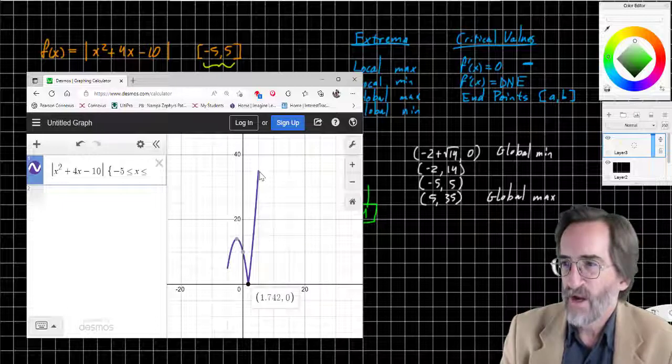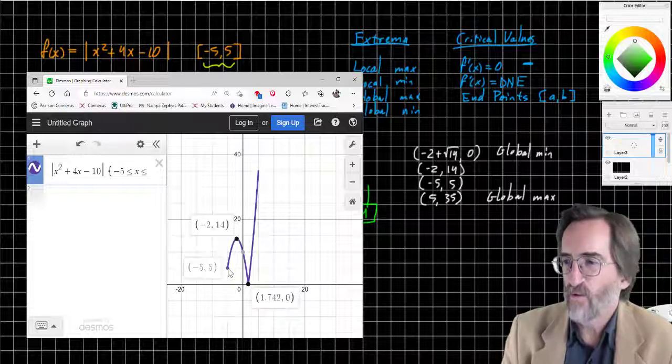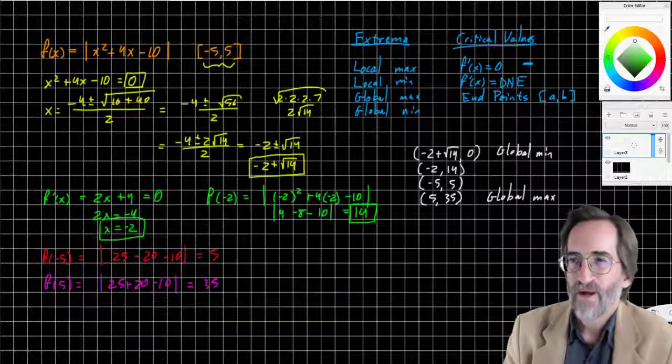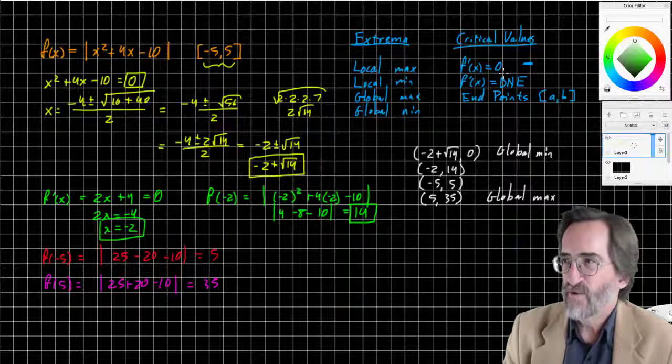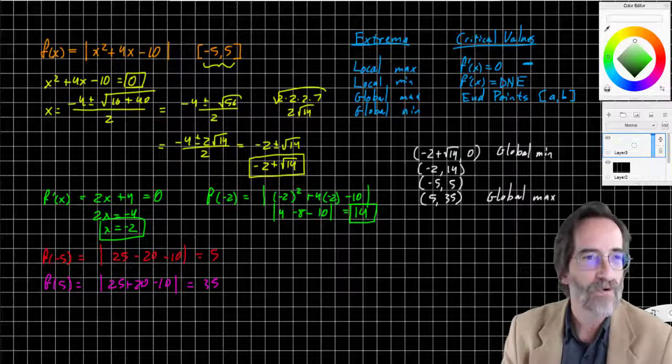And the global max was (5, 35), right? This one here, (negative 2, 14), is a local maximum, because it's the highest point around that point. And this point right here, (negative 5, 5), is a local minimum because it's the lowest point in that region, but it's not the absolute lowest point on the graph. So critical values: derivative equals 0, derivative does not exist, and endpoints are critical values that need to be checked for extrema questions.